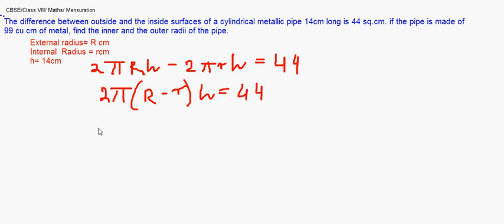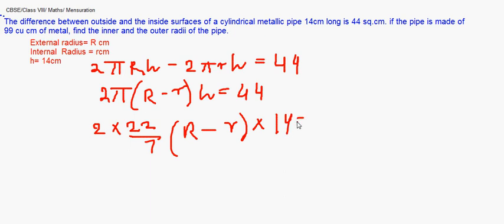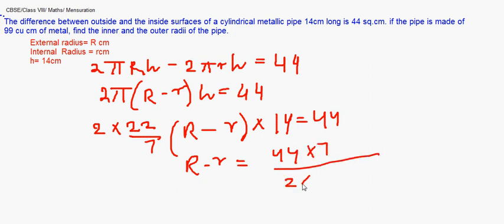So it is 2 into 22 by 7, into capital R minus small r, height is given as 14, this is equal to 44. So R minus r will be 44 into 7 by 2 into 22 into 14.